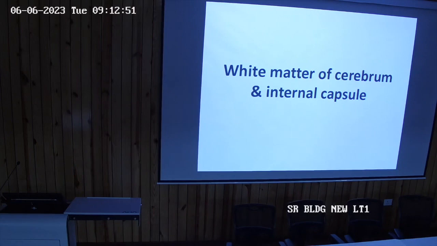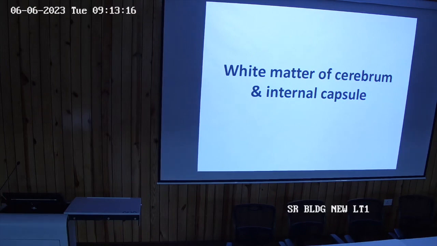So white matter is the part of the brain which interconnects the adjacent parts of the cerebral hemisphere and also connects parts of the cerebral hemisphere with other parts of the CNS. That is the white matter.